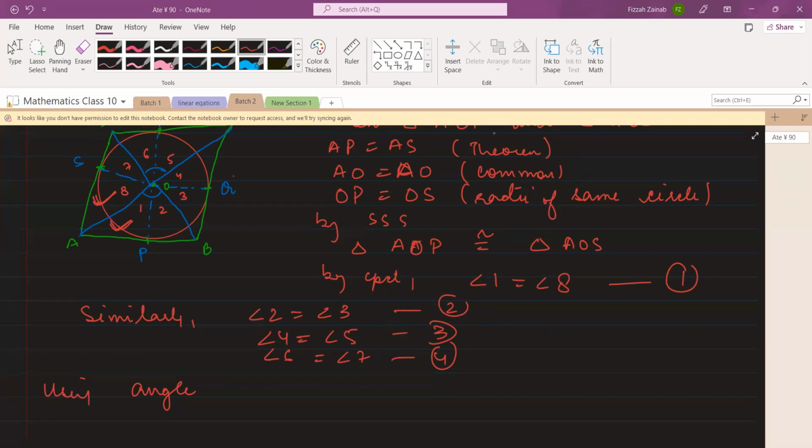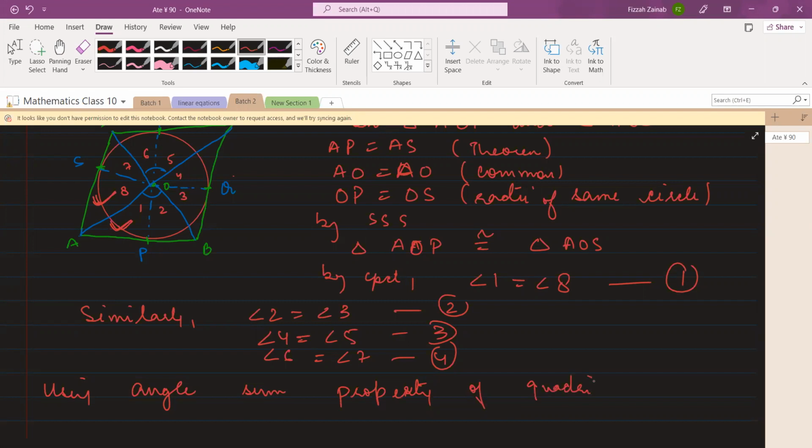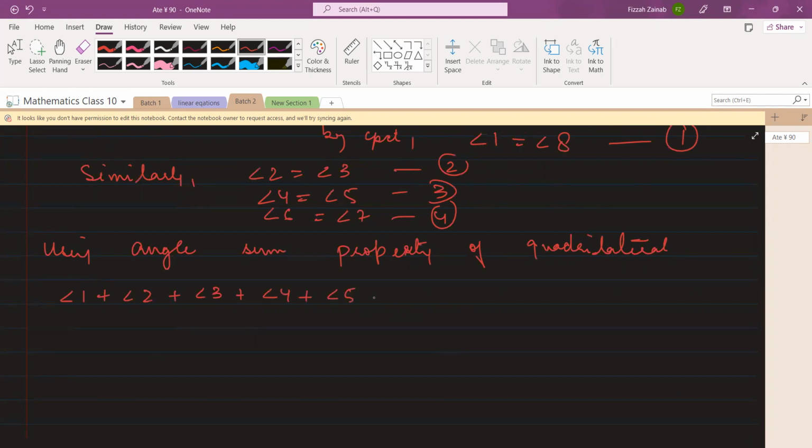Okay. So using angle sum property of quadrilateral, the sum of all the angles, angle 1 plus angle 2 plus angle 3 plus angle 4, angle 5, angle 6, angle 7 plus angle 8, is 360 degrees, right?